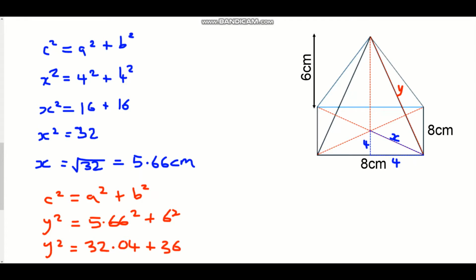Add it up, y squared is equal to 68.04, and my final answer, y, is going to be the square root of 68.04, which is equal to 8.25 centimeters.